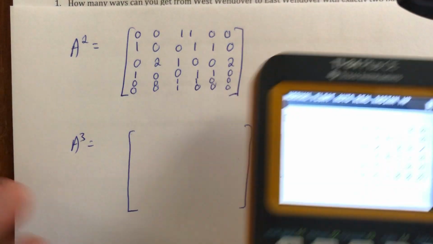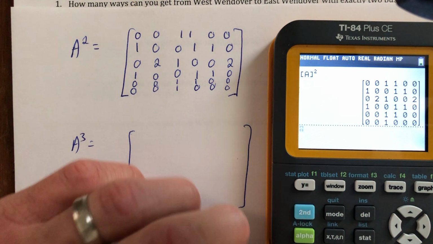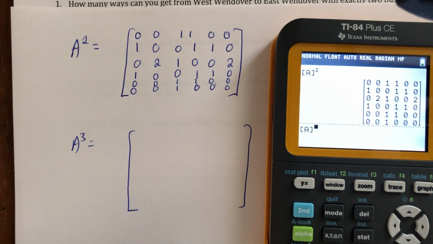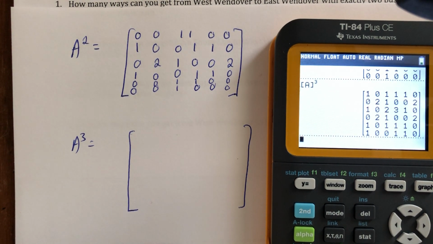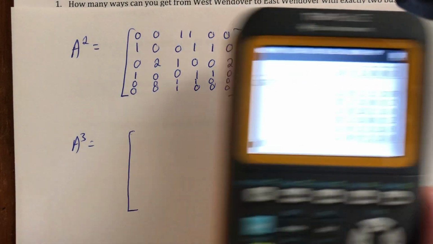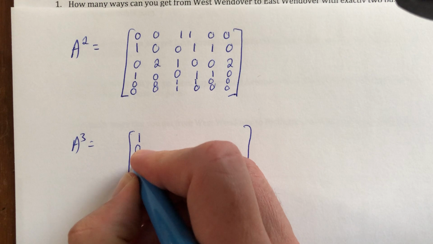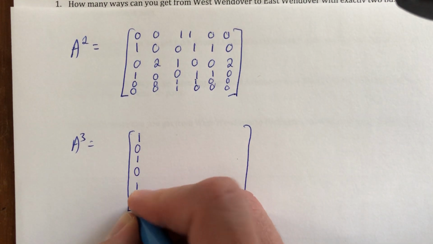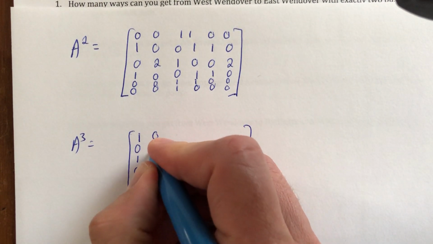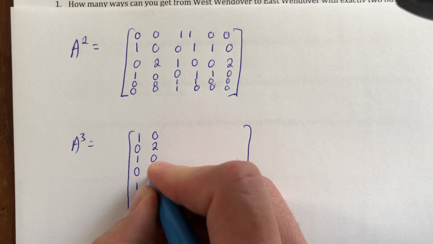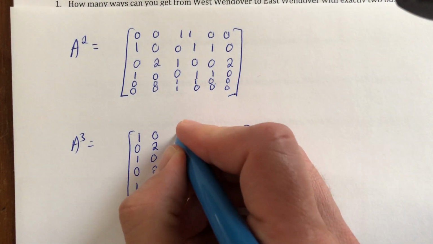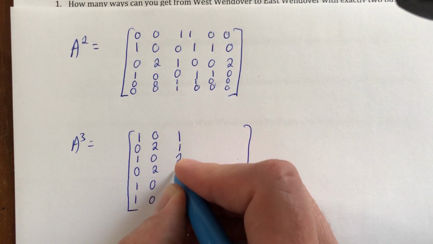So I'm going to cube it. So let's see, second matrix and A, and then we're going to raise it to the third power. There it is. Okay, 1, 0, 1. Again, I know this is super boring, watching me write numbers while talking in the most monotone voice ever.